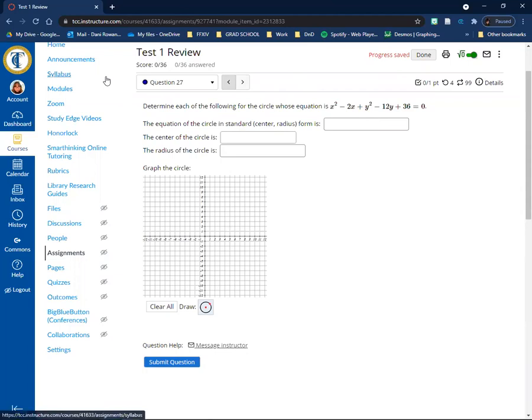So we want to determine the following for the circle whose equation is x squared minus 2x plus y squared minus 12y plus 36 equals 0, okay? So if we are going to find the equation of the circle, what are we going to be doing here?